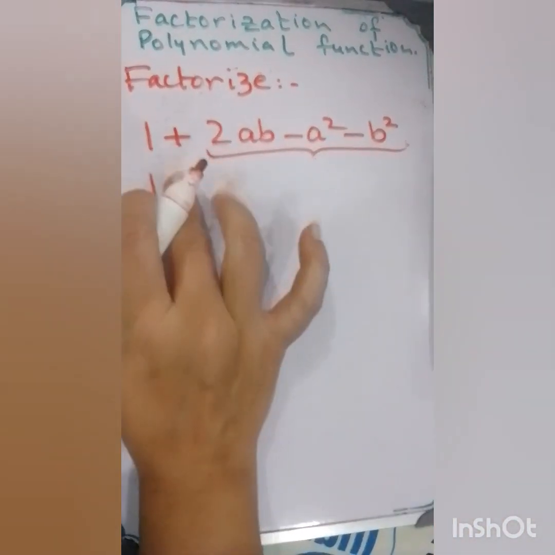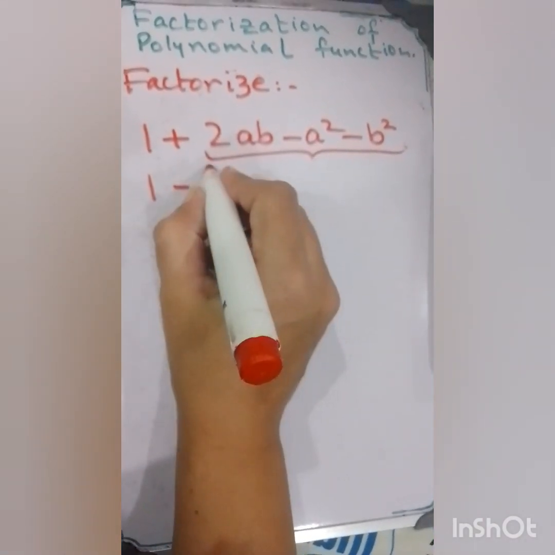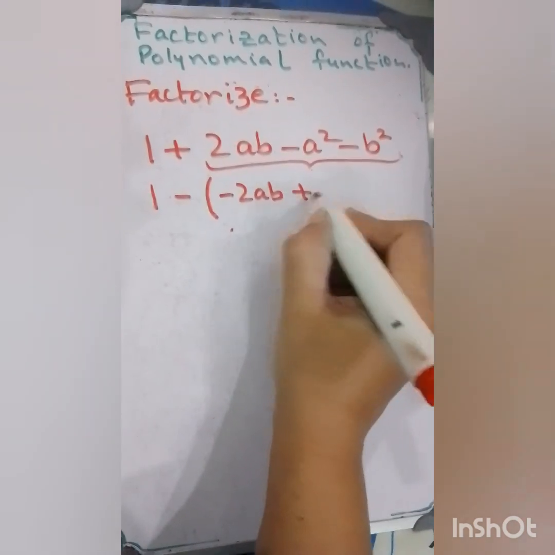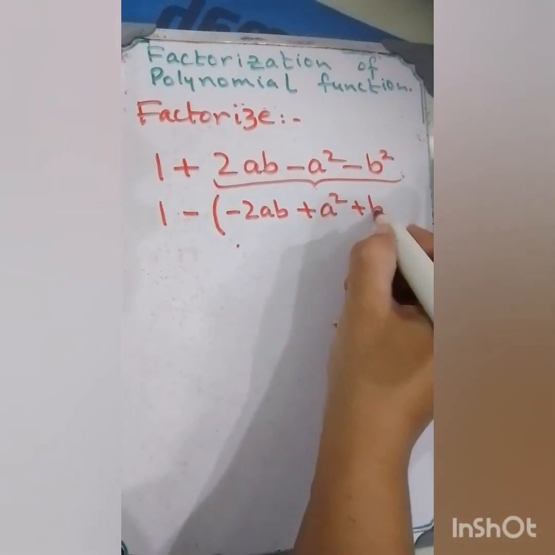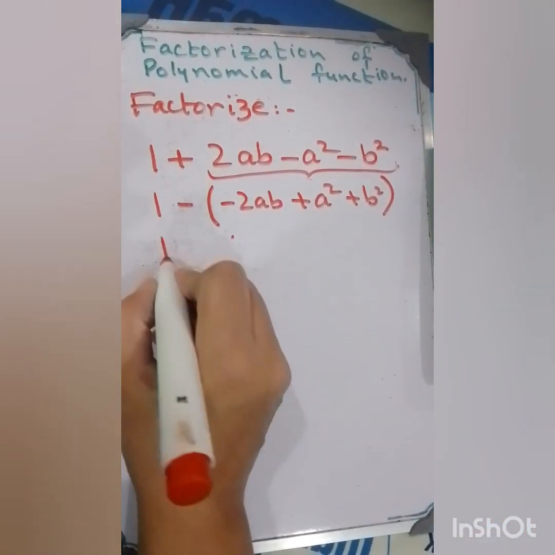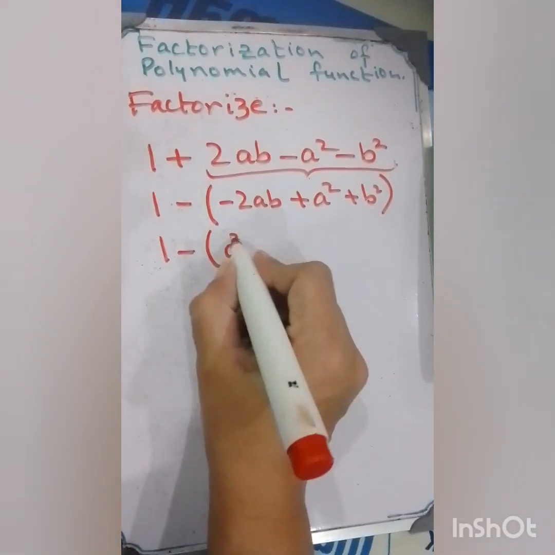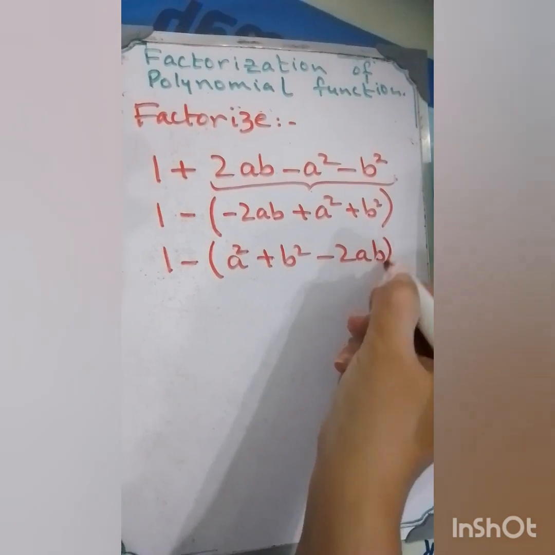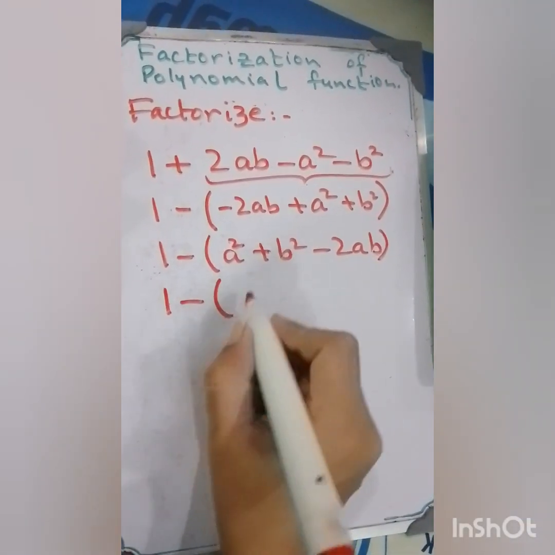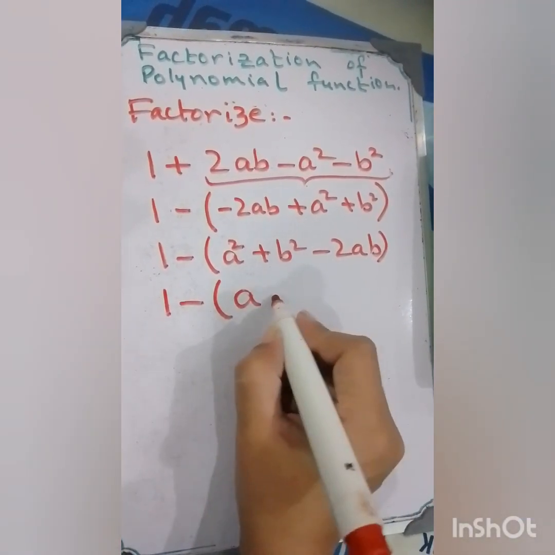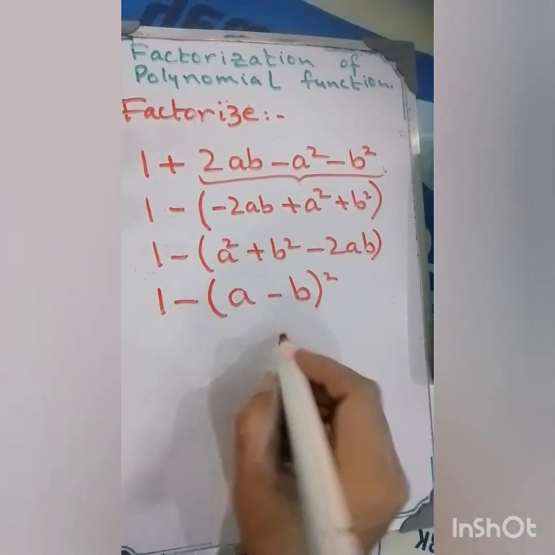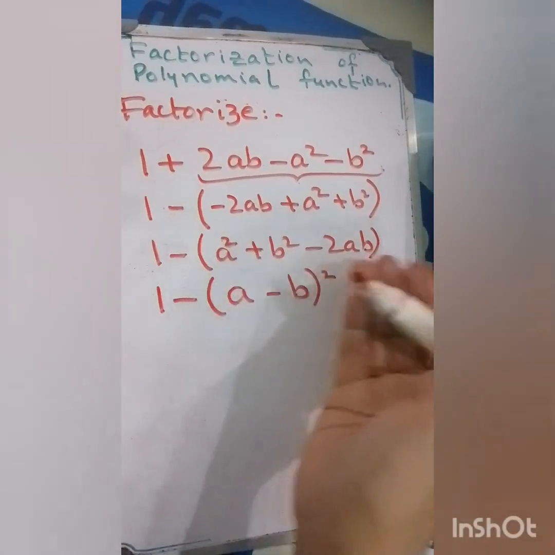The minus sign as common gives me minus, twice of ab negative, positive a square, positive b square, and bracket close. So I can arrange it as a square plus b square minus twice of ab. Now you can see that it's the simple formula of a minus b the whole square. The complete formula is written over here, right?